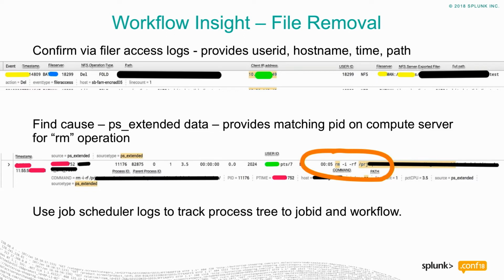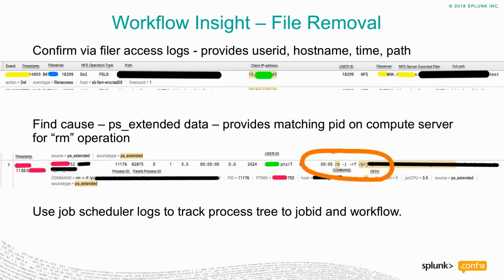But each of those items corresponds to a different field from the event. So our logs basically provide the username, the host name, the time that operation occurred, and the path that operation occurred in. So essentially with all of our filers, we can determine when it's being deleted, who's doing that operation, and where that operation is coming from, which client.